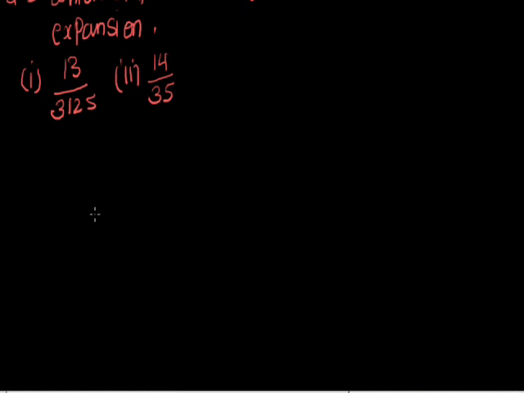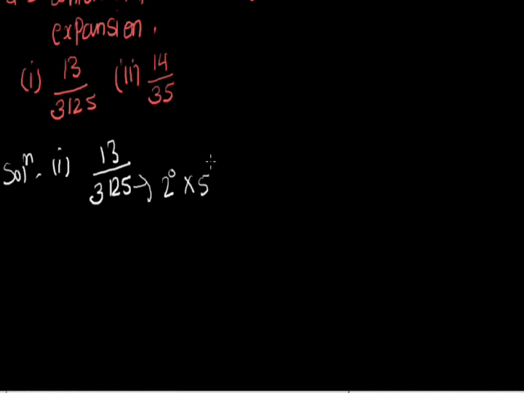In the first question, 13 upon 3125, if we look at the prime factorization of the denominator, it is of the form 2 to the power 0 into 5 to the power 5.